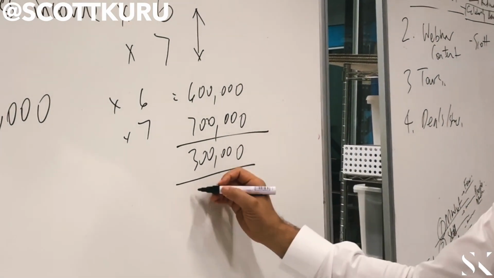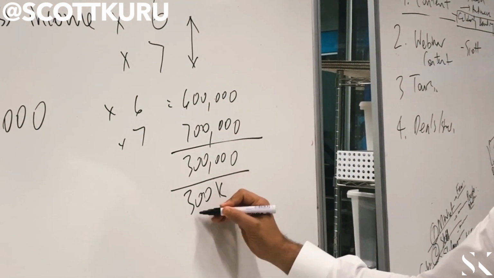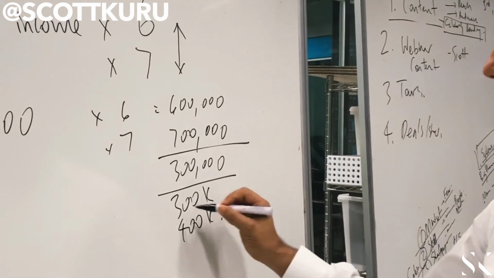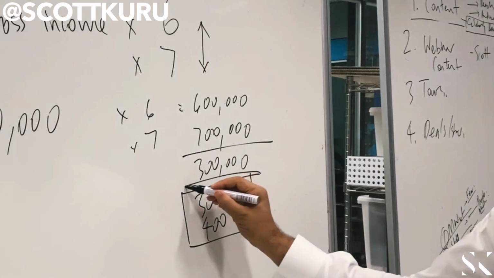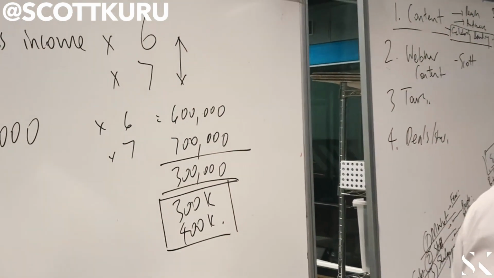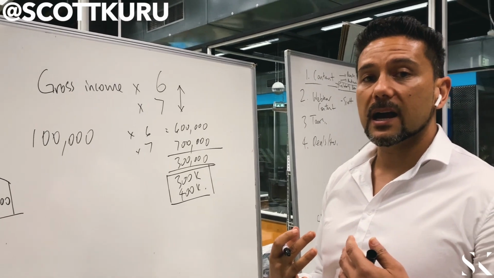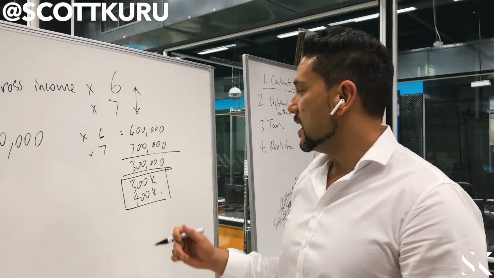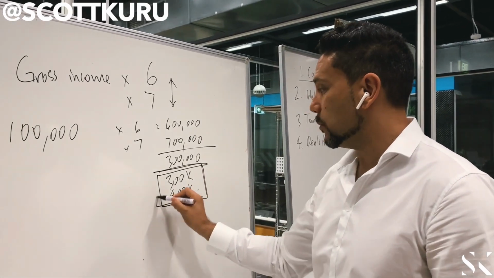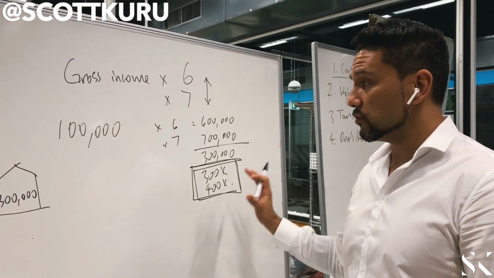So the difference is 300,000 to 400,000. So that would be your borrowing capacity. Now, it's only when you speak to a mortgage broker or go to your bank that you can actually find out exactly what that amount is, but that's a general rule of thumb.